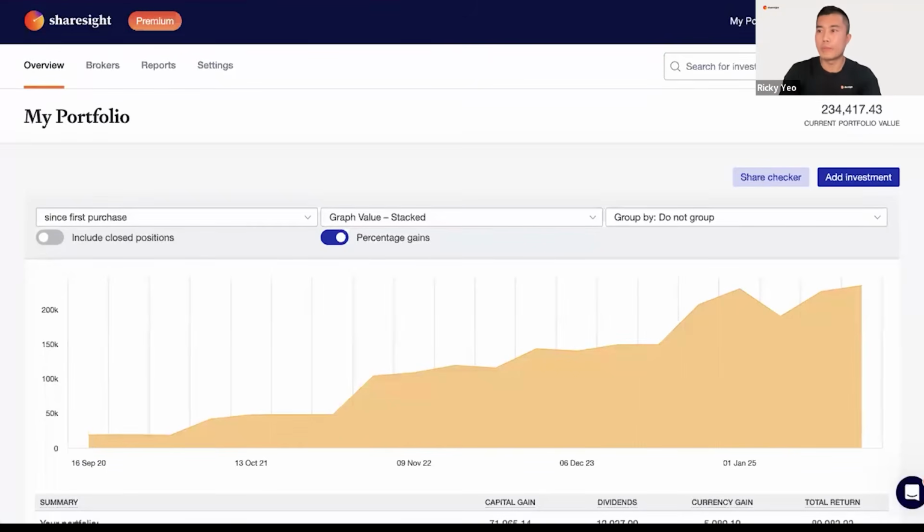Okay, so this one is dividends. How come sometimes the dividend amount in Sharesight does not exactly equal the physical amount received in the bank? So you're saying the dividend in Sharesight doesn't match what is in your bank account. Again, I think there could be a couple of reasons. The first one is definitely you have to make sure your transactions are all in Sharesight, so all the buy and sells.